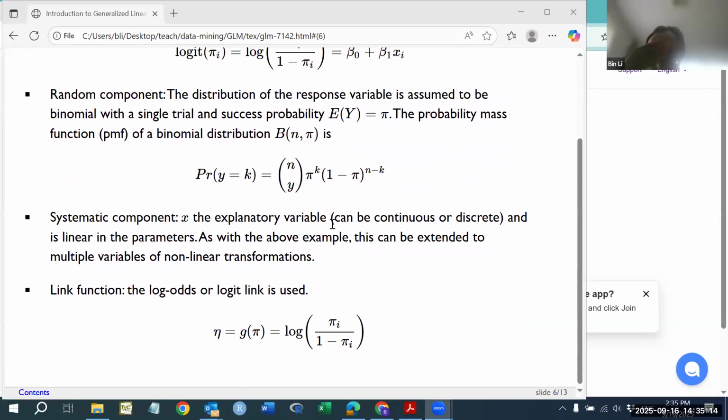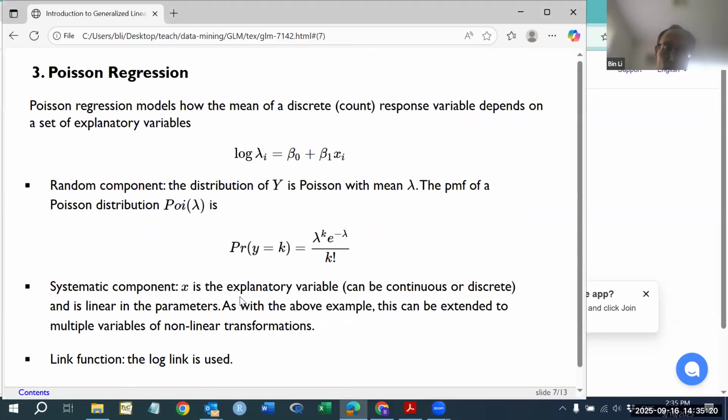So the link function is the logit function. That's the second example. And the third example is the Poisson. Logistic regression has a binary response, but Poisson has a response that is not binary, not continuous, but a count.